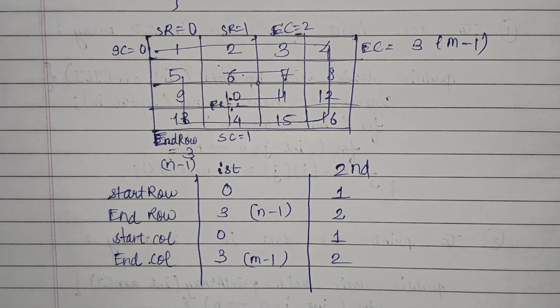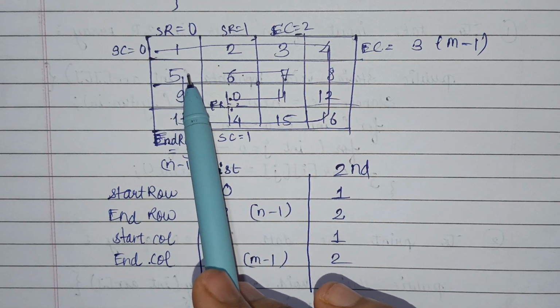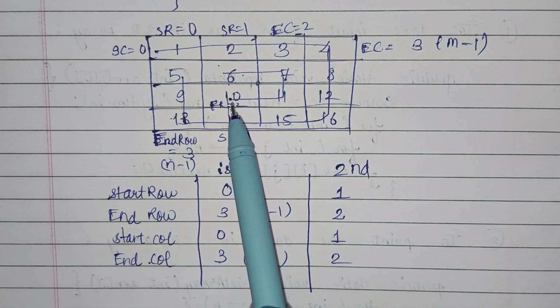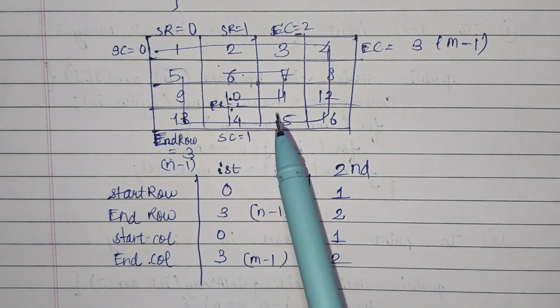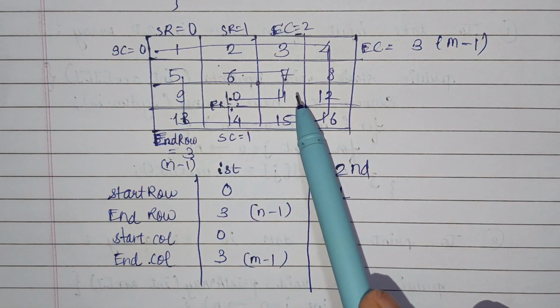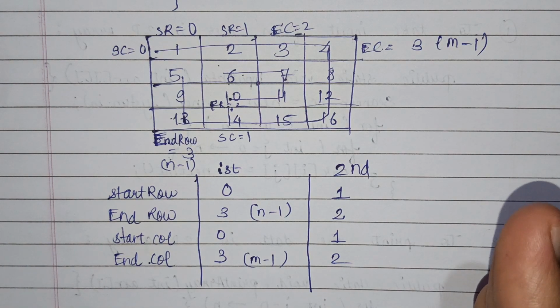So we can observe that after completing the outer boundary, it goes to the inner boundary. For the inner boundary, the elements are obviously fewer and we have to decrease the size of the matrix.